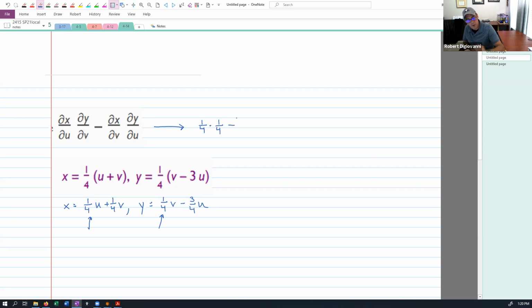And then minus the partial of x with respect to v, that's going to give us the constant right there, 1/4. And then the partial of y with respect to u, so it's just the constant in front of the u there, which is negative 3/4. So this gives me 1/16 plus 3/16, which gives us 4/16, which is 1/4.